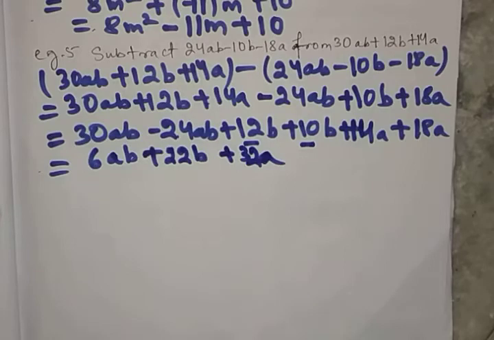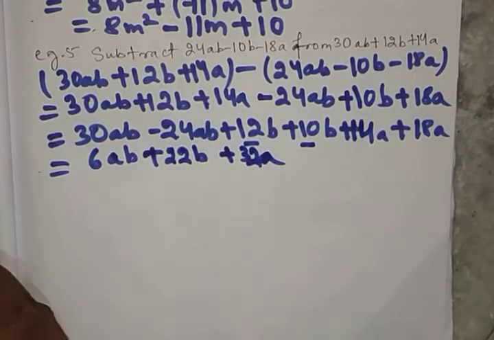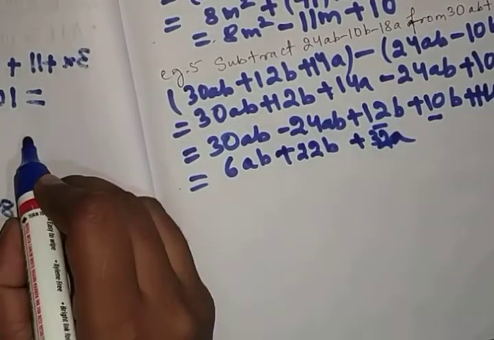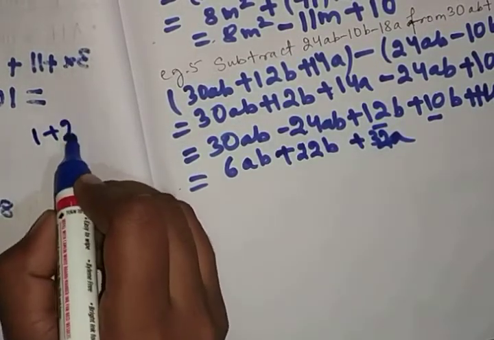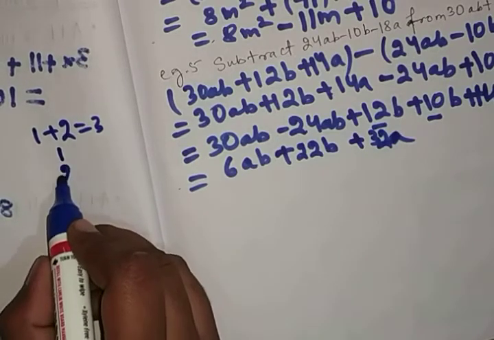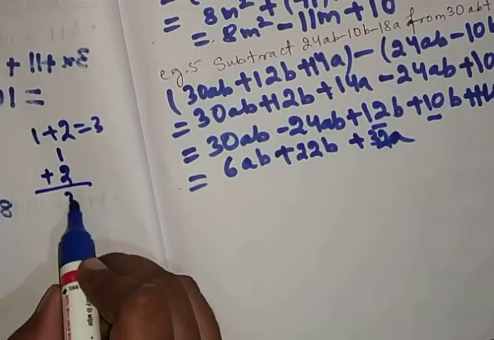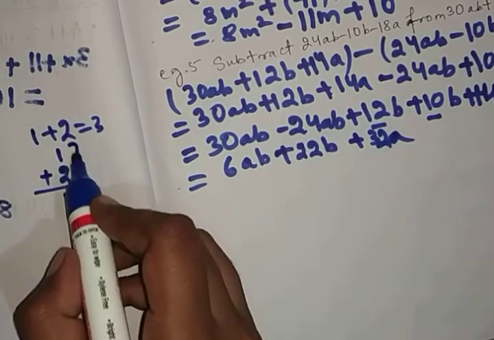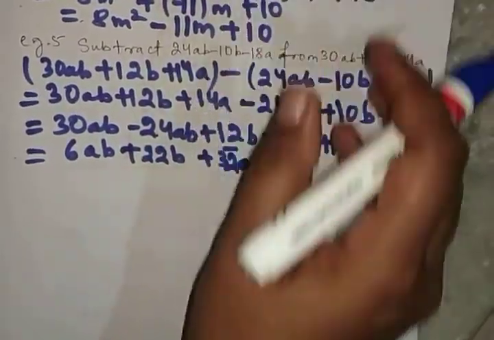But there is another way, like how we used to add. Look at here. We used to add 1 plus 2 equals 3. But you can also add like this, 1 plus 2 equals 3, one below the other. Let's see.